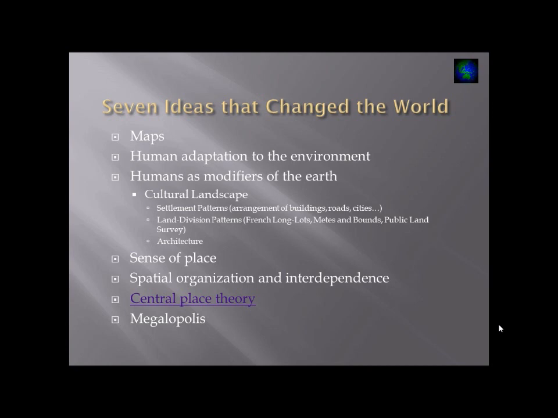Cultural landscape includes settlement patterns, which would be the arrangement of buildings, roads, and cities across the physical landscape. Land division patterns are part of the cultural landscape and can tell you something about who lived there, or at least who discovered those places. French long lots, for example, exist in New Orleans, Louisiana, as well as along the Mississippi River.